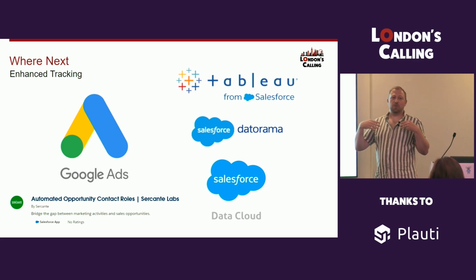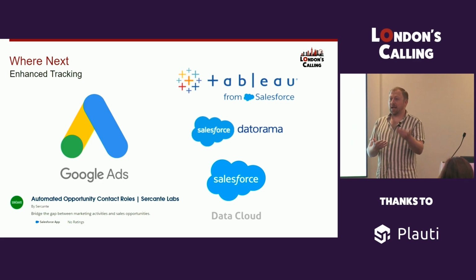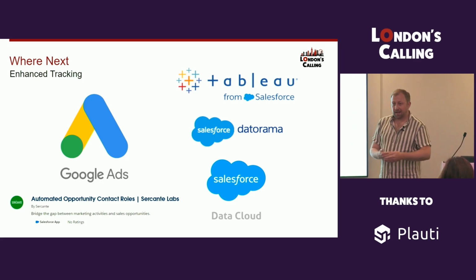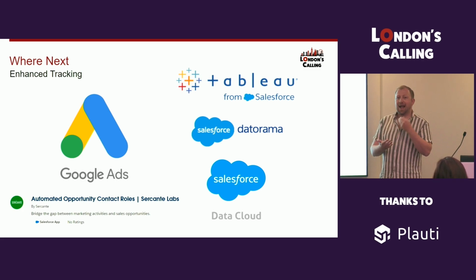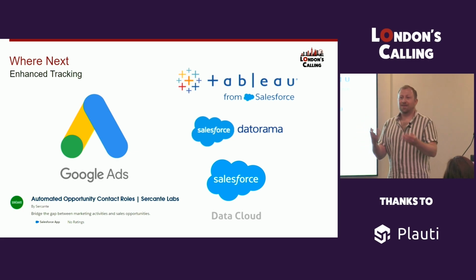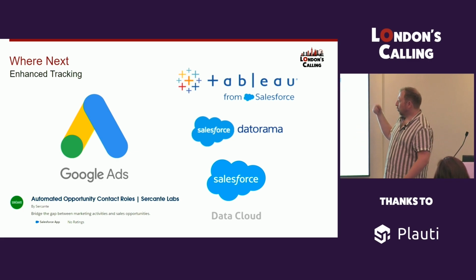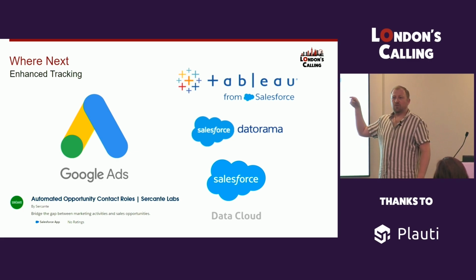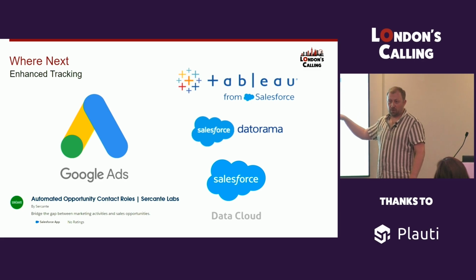So the future of this is not just pushing the data back into Salesforce, but where can we house it, where can we run it against other data sets, where can we start to action it, where can we build the reports that us as marketers go, what do my leadership team need to see? We're spending X amount of money on Google Ads. What's actually working? Not just what's driving conversions in the traditional marketing sense of a form fill. We start to back out what's driving the actual conversion of opportunities.